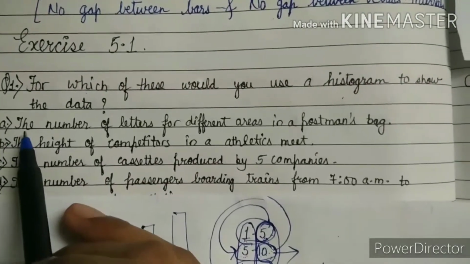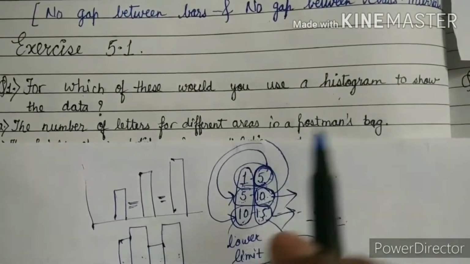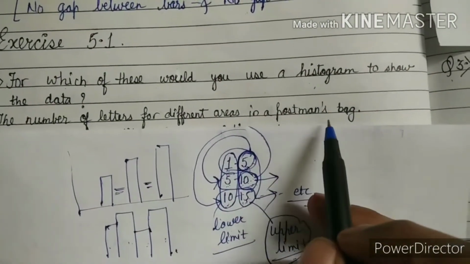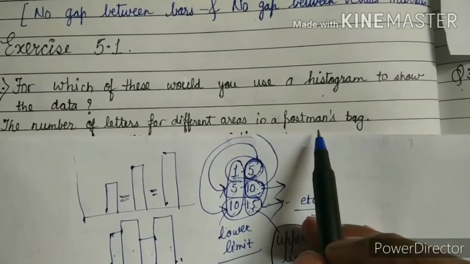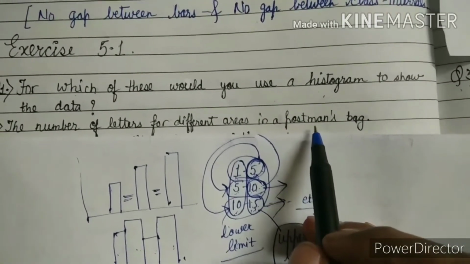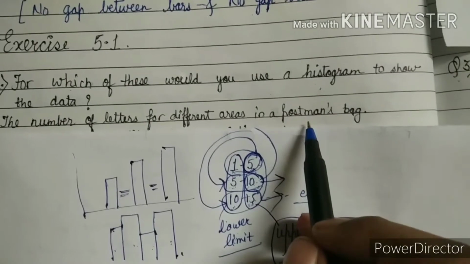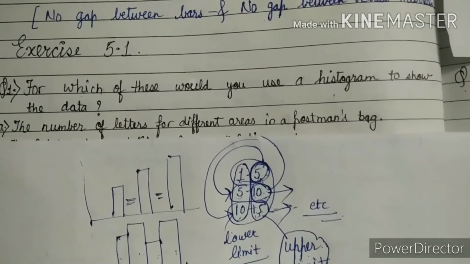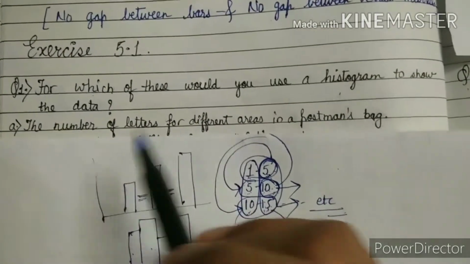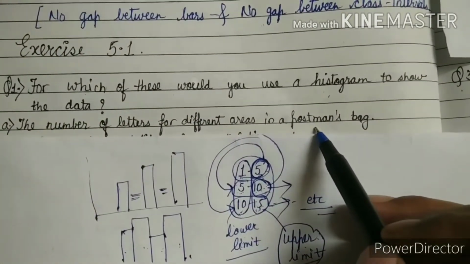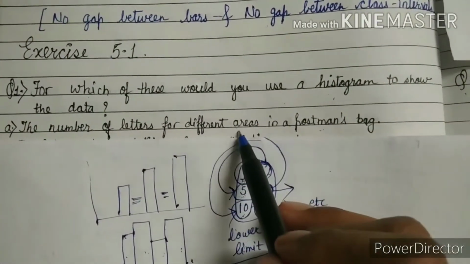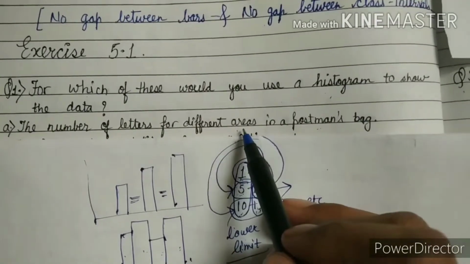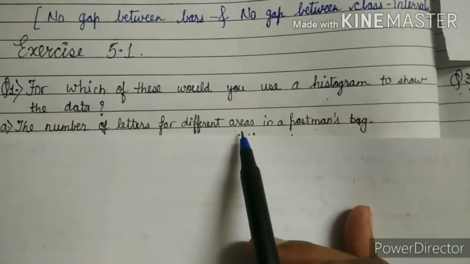First, the number of letters of different areas in a postman's bag. At your home, the postman comes, and you see the postman taking out letters from his bag. The postman arranges the letters area wise, not number wise.